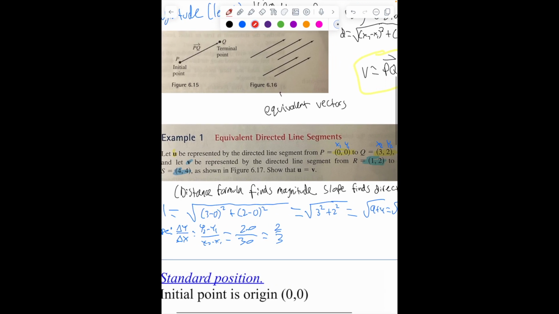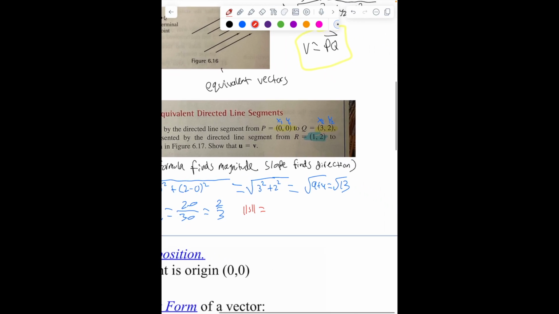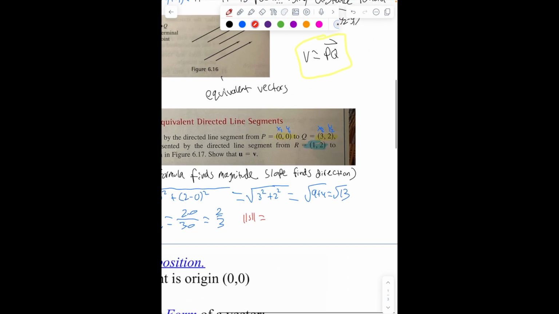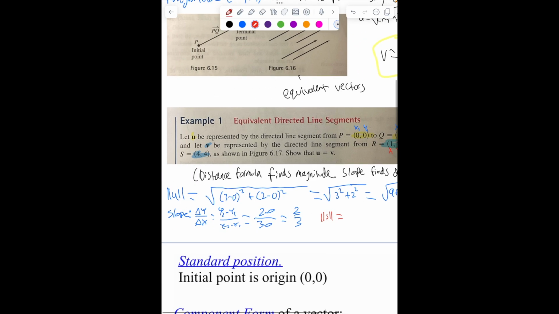Now let's find the magnitude of V. I'm going to label my x1, y1, x2, y2.